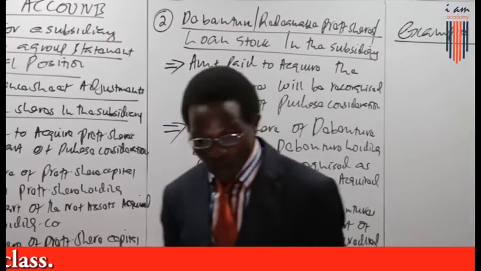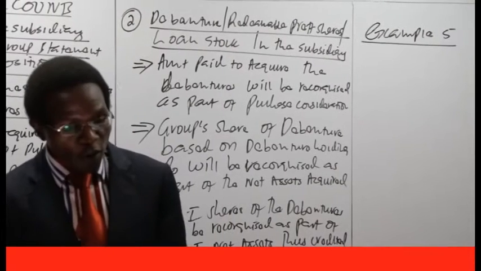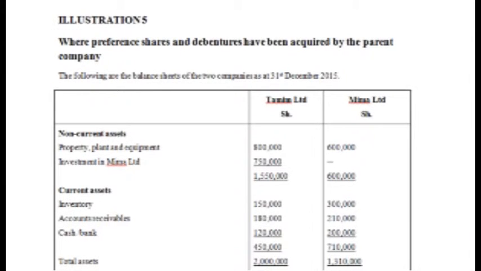Example number 5. The following are the balance sheets of the two companies as at 31st December 2015. We have been given two companies, Tamim Limited and Mima Limited. We have been given non-current assets, property, plant, and equipment, and investment in Mima Limited. We have the current assets: inventory, accounts receivable, cash at bank.